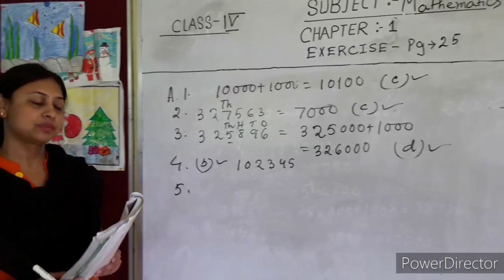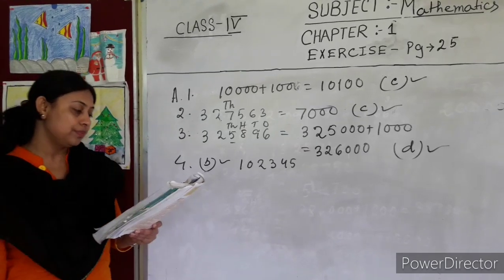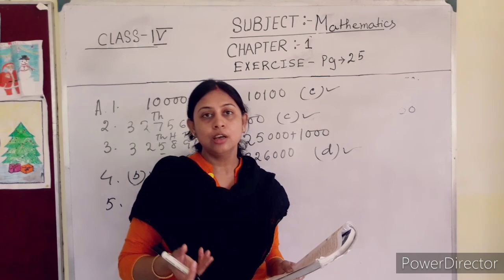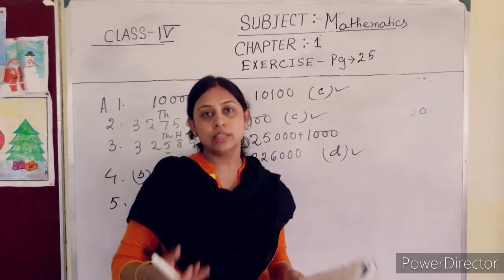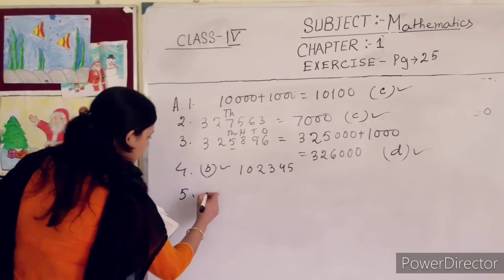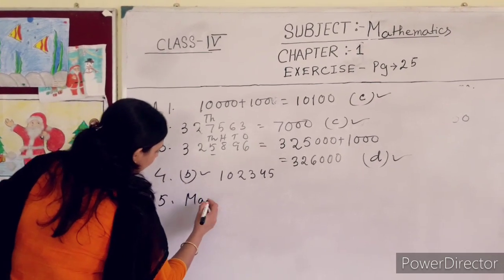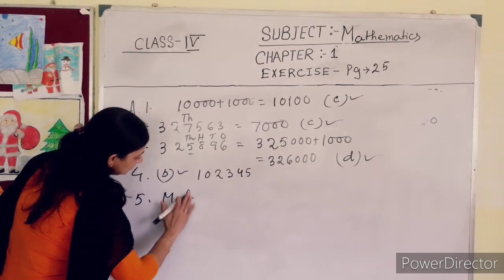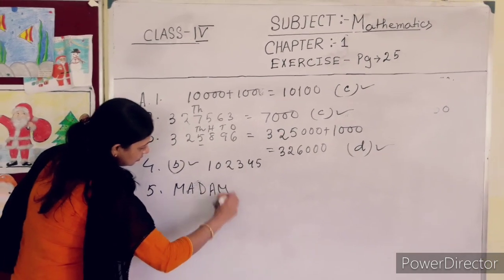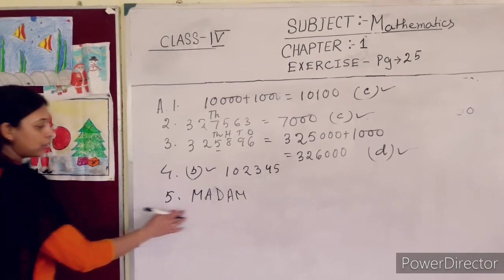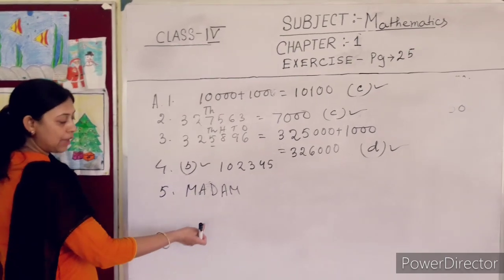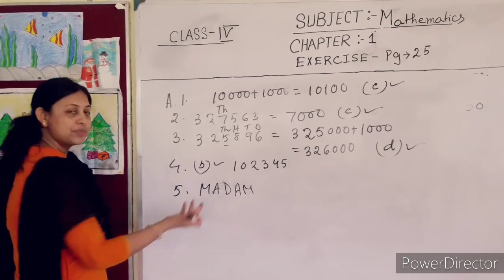Now question number 5. A number or any word that is the same from backwards as well as forwards. Suppose I am writing the word madam. When you read from forwards, it will be madam, and when you read from backwards, M-A-D-A-M, same spelling.